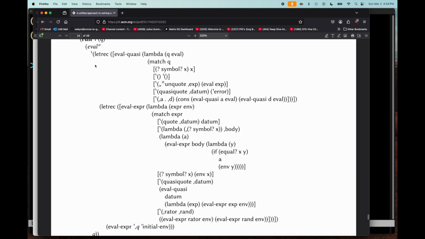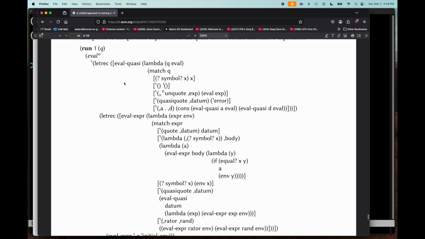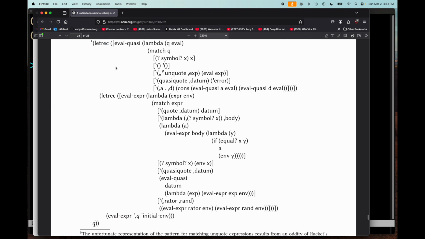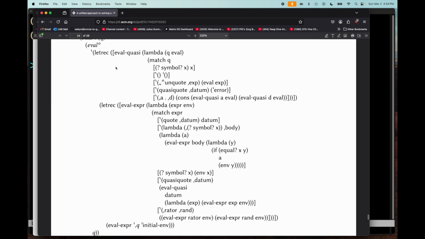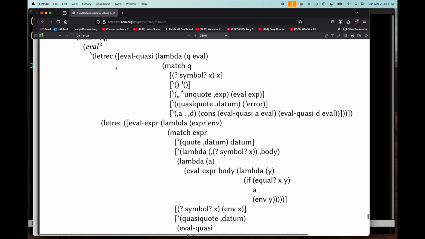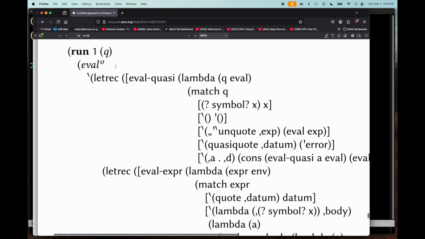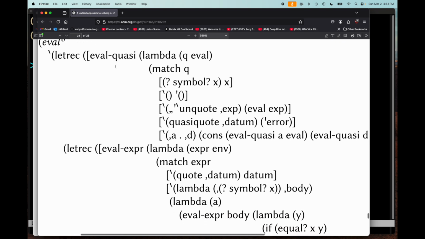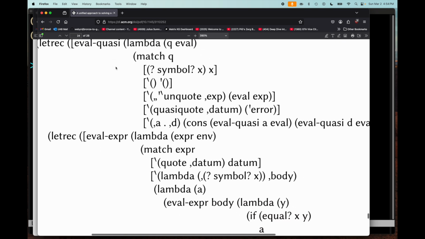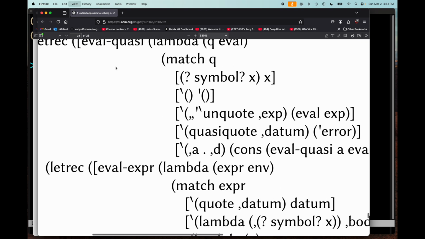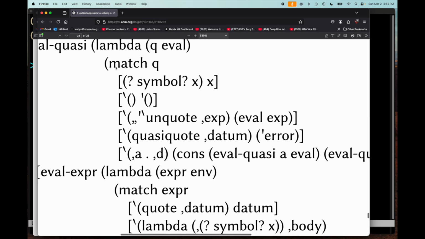But in this, we're writing interpreters for Scheme or subsets of Scheme in miniKanren as relations. And one of these interpreters adds support for quasi-quotation. And so we end up with these weird patterns for implementing unquote.